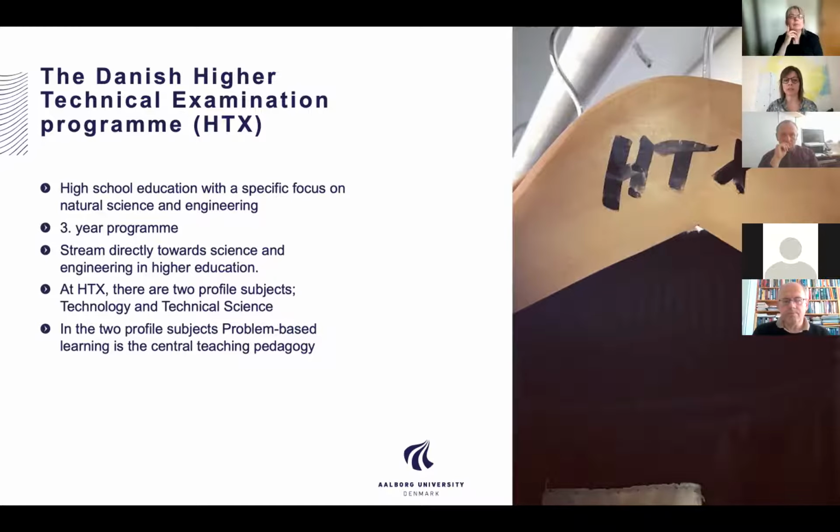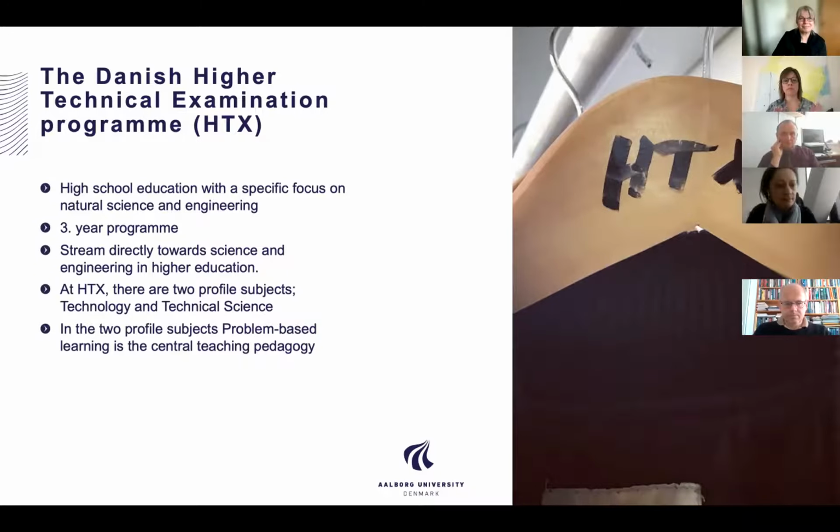For that subject, which is an A-level subject, they have around 325 hours per year, which is around 1/3 of the schedule for the third year. So it's quite extensive. And both of the profile subjects have problem-based learning as a central teaching pedagogy.